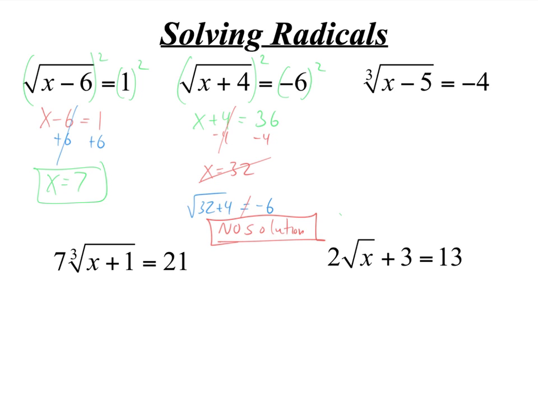For this one, let's do it here. I want to get rid of the cube root, so I'm going to cube both sides. That leaves me x minus 5 here. And if I cube a negative 4, that becomes a negative 64. Add 5 over. X equals negative, not 60, but 59.